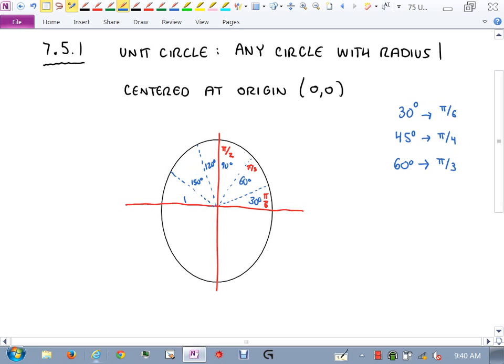Then the next one, 180. Then 210, 240, 270. Three more. 300, 330, and then all the way around is 360.